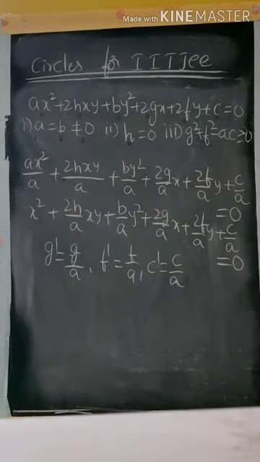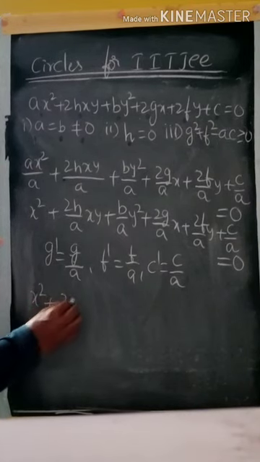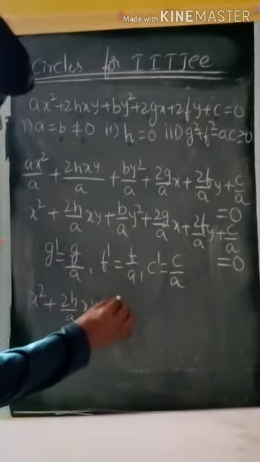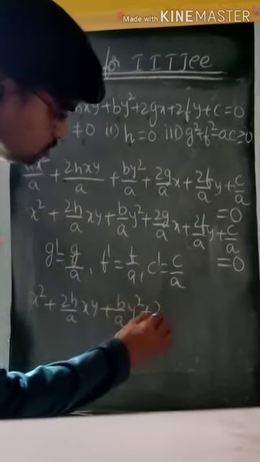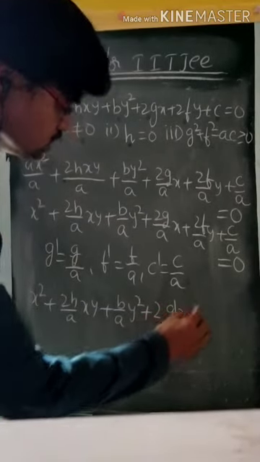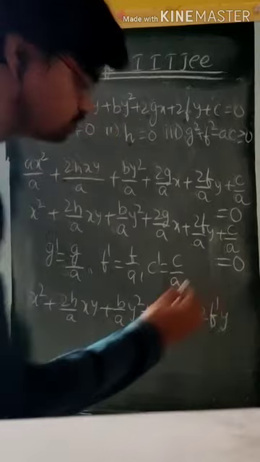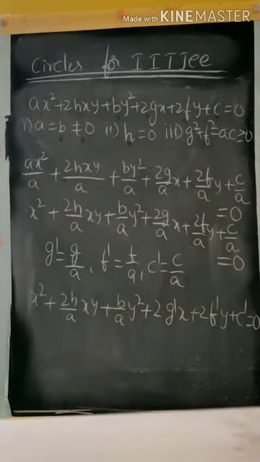Now the complete equation will be in the form x² + 2h/a xy + b/a y² + 2g'x + 2f'y + c' = 0.